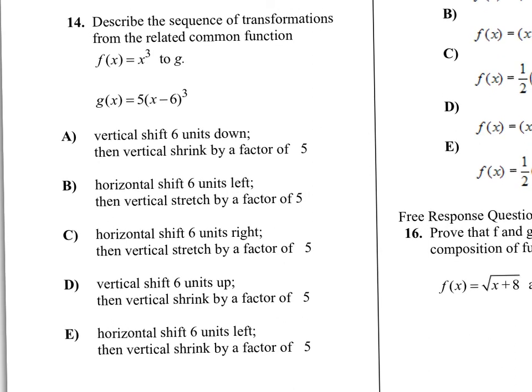14. Describe the sequence of transformations from the related common functions. We did this a whole bunch in class. Minus 6, so it's to the right. 6 units right. I apologize. Transformation from the first to the second: 6 units right.